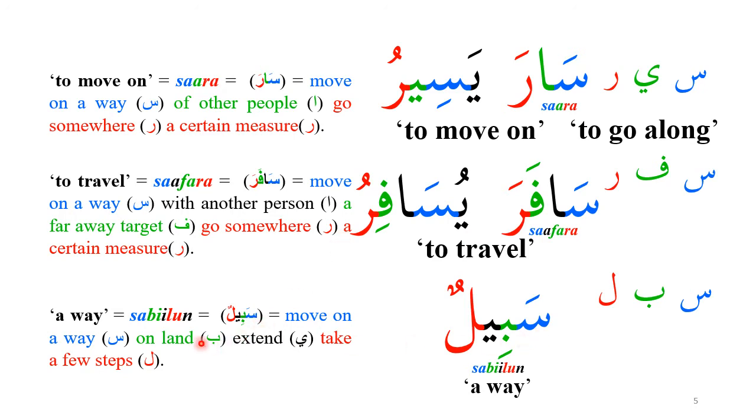Sabil means a way: sin, and ba is like a road or on barrun, on land, and lam is unit propagation. So it's like measured distance to go on a certain road or something like that. That would be sabil. Sara would mean moving anywhere.